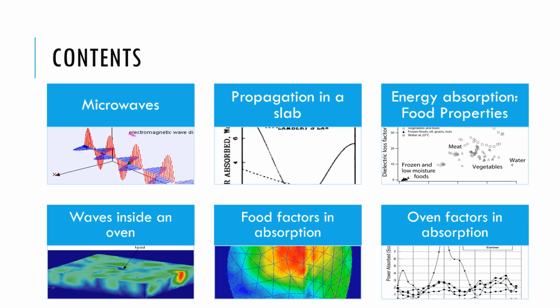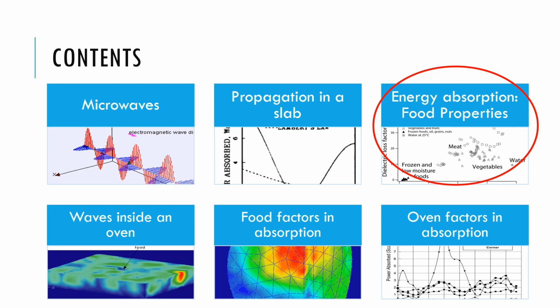As I said, this is section 3 of the 6 section segment, that is part 1, talking about electromagnetics. So in this section, we are talking about how the properties of food material affect energy absorption.